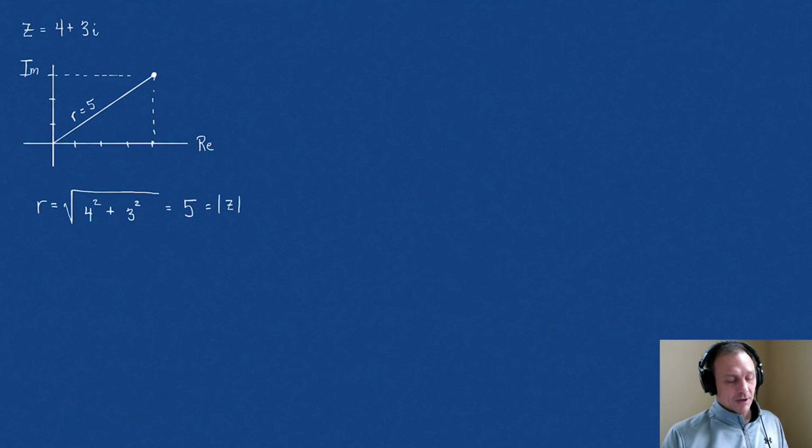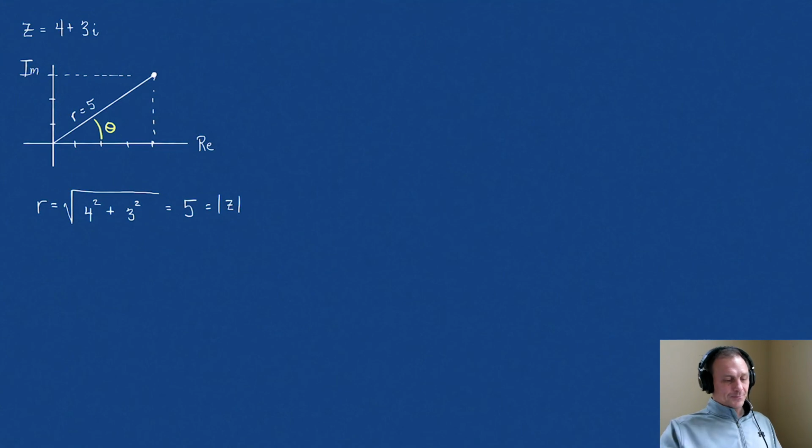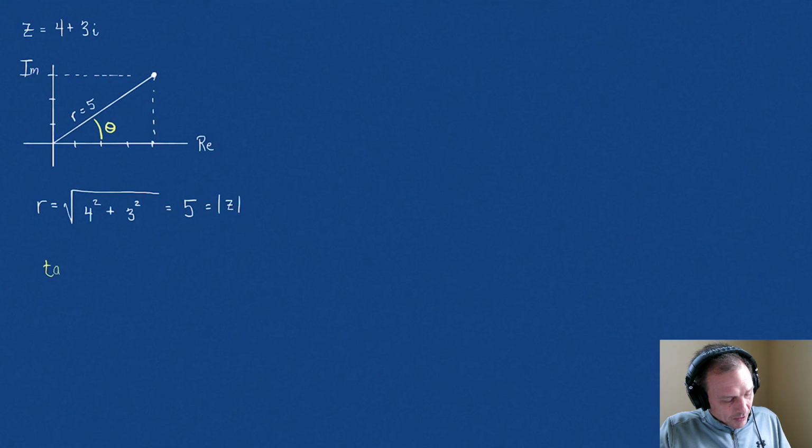And now let's write this in polar form. What I want to do now is find our theta. We know that the tangent of theta is equal to the opposite, which is 3, over the adjacent, which is 4.